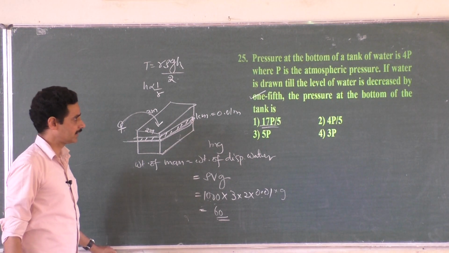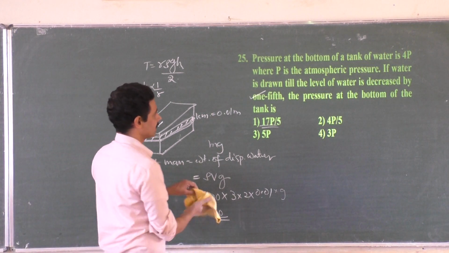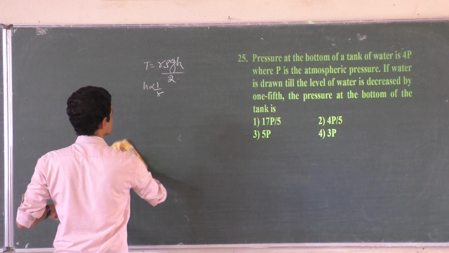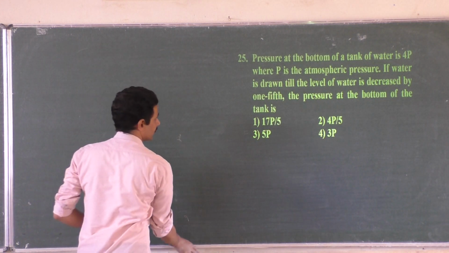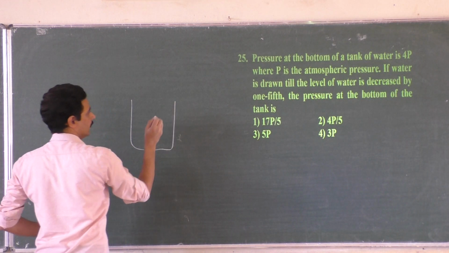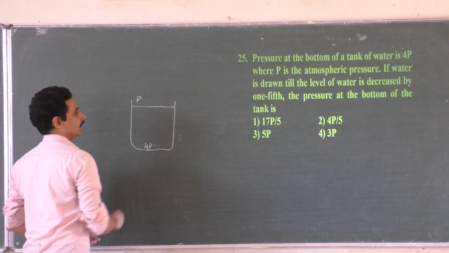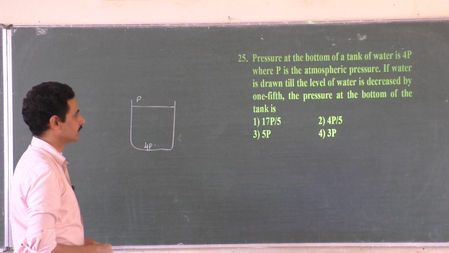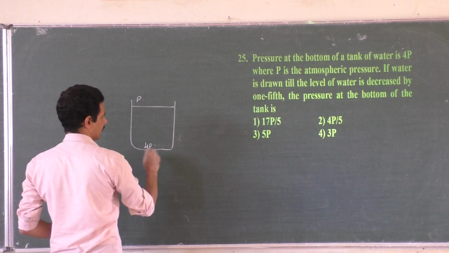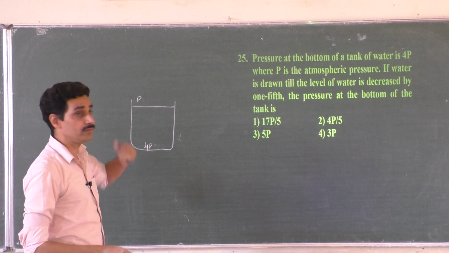The pressure at the bottom of a tank of water is 4P, where P is the atmospheric pressure. So here is pressure P. If water is drawn till the level of water is decreased by 1/5, okay, I will remember it. The level of water is decreased by 1/5.